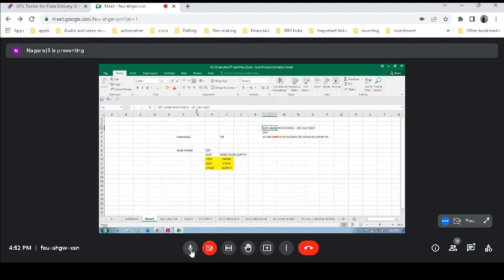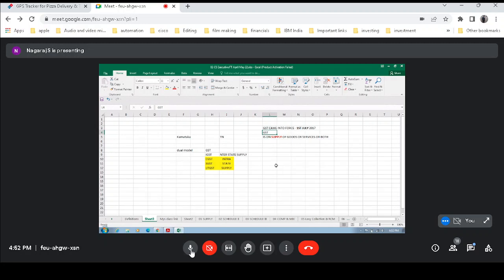Why 1st July? 1st July is CA day, Chartered Accountants Day. That day they brought GST into force in India. They implemented the GST. All these things, please remember.